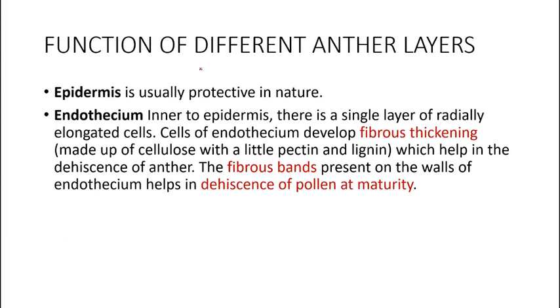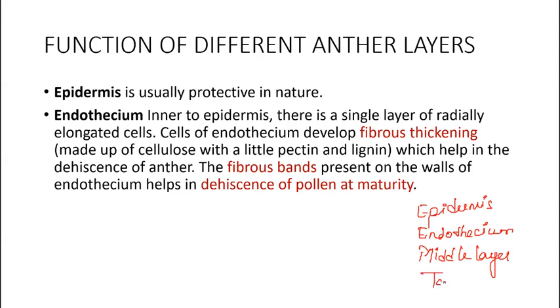So there are four layers we need to study. From the outer to the innermost, this is the sequence. Now tapetum is a very important layer, and we'll discuss it in detail.